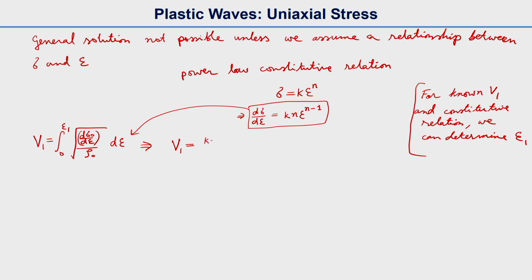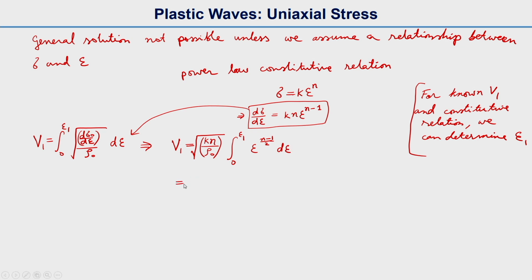The k, n and rho naught will come out of the integral, so this will be the square root of that, and then the integration from 0 to epsilon 1 of epsilon to the power n minus 1 divided by 2, d epsilon.